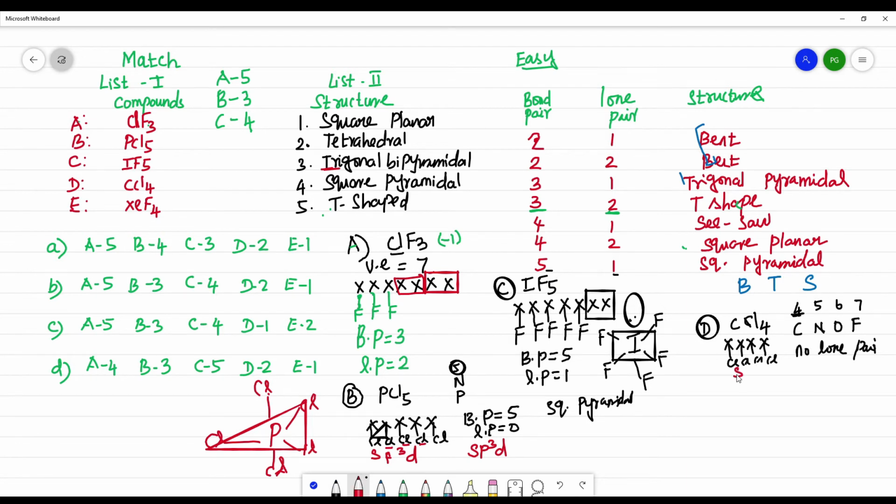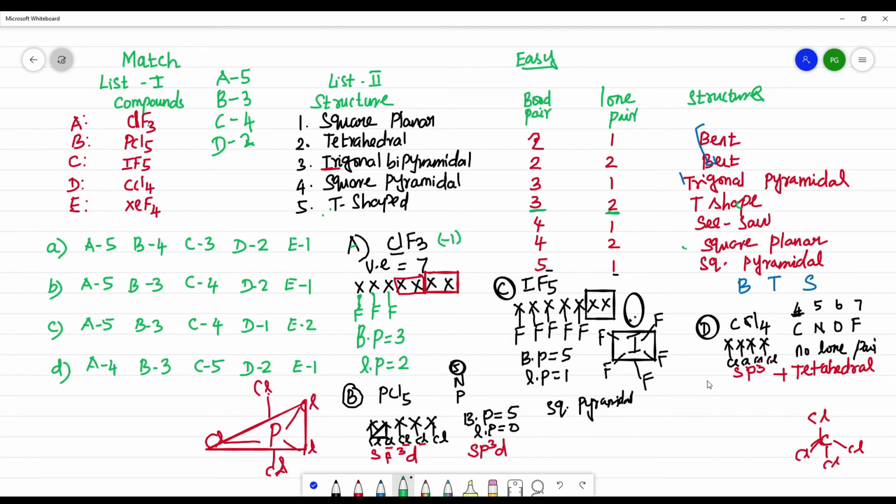It is s, p1, p2 and p3. The hybridization is sp3. sp3 hybridization means what is the shape? Tetrahedral. So tetrahedral is C. This is the tetrahedral shape. This is C and this is the tetrahedral shape. Now what is D? D is tetrahedral. What is tetrahedral? That is 2.